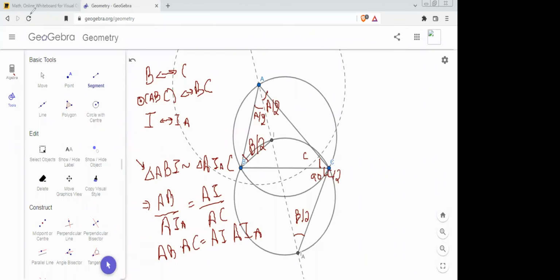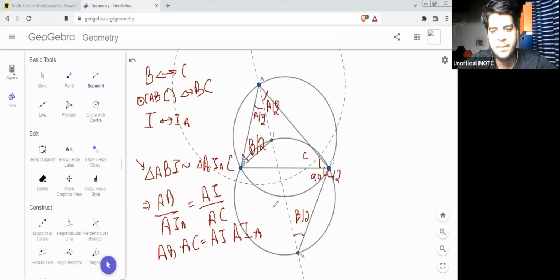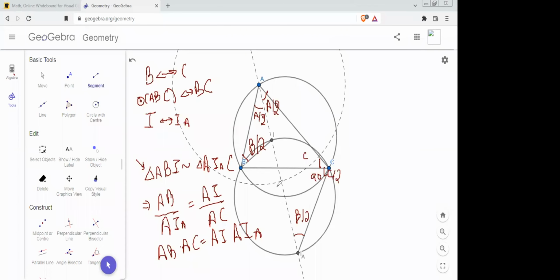Yes. Cool. We could use this also as a proof. This circle BICIA. Say M is the point where AI meets the circumcircle of ABC, then M is the center of this circle.